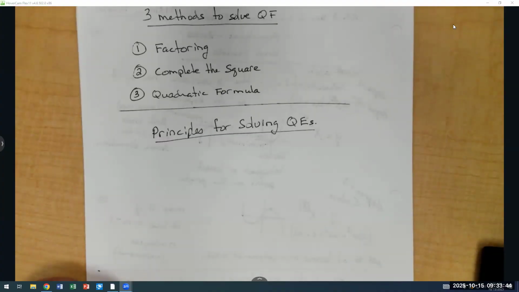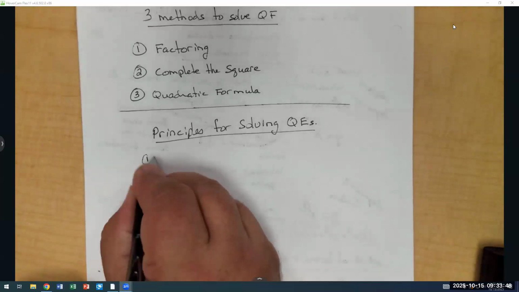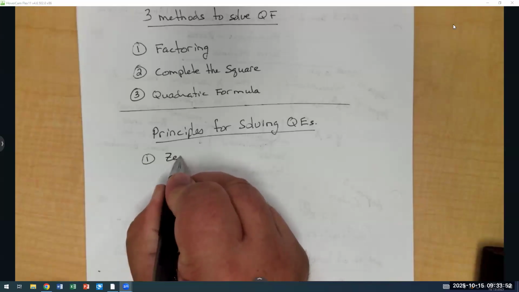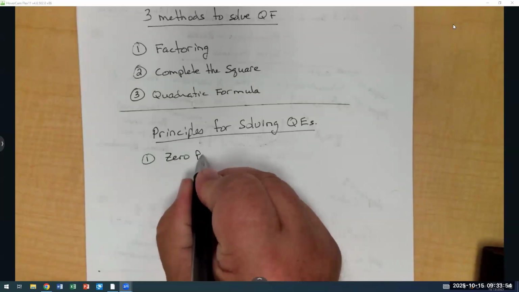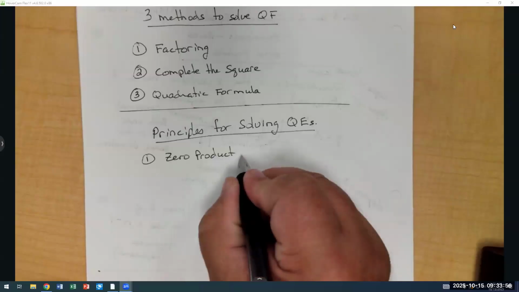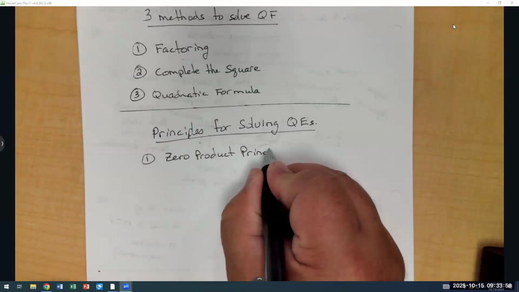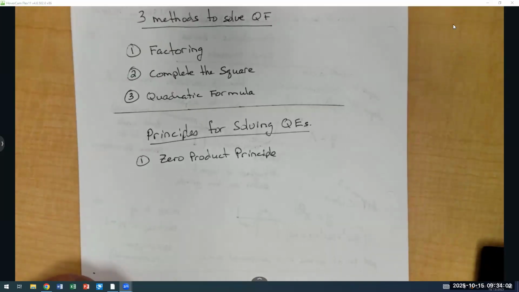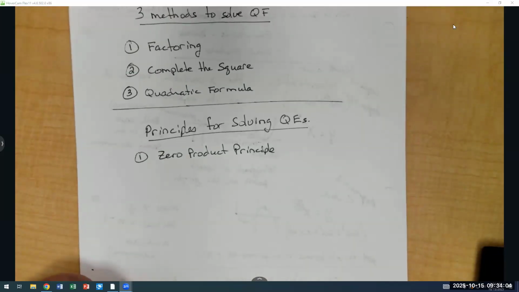And they're pretty much common sense. The first principle is called the zero product principle. The zero product principle tells us this.